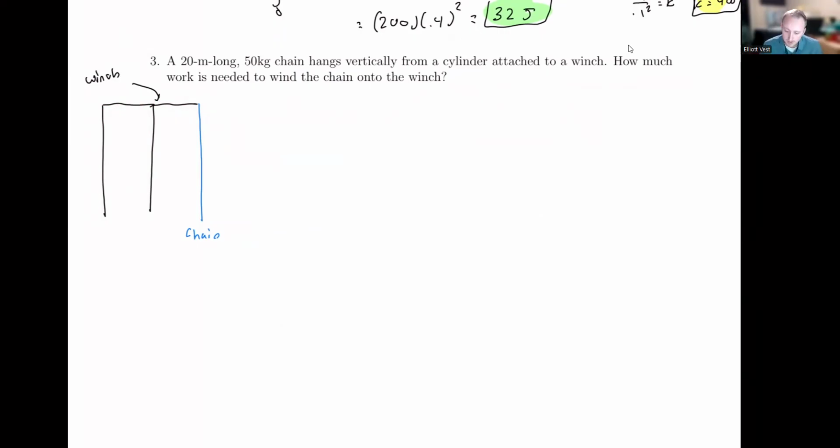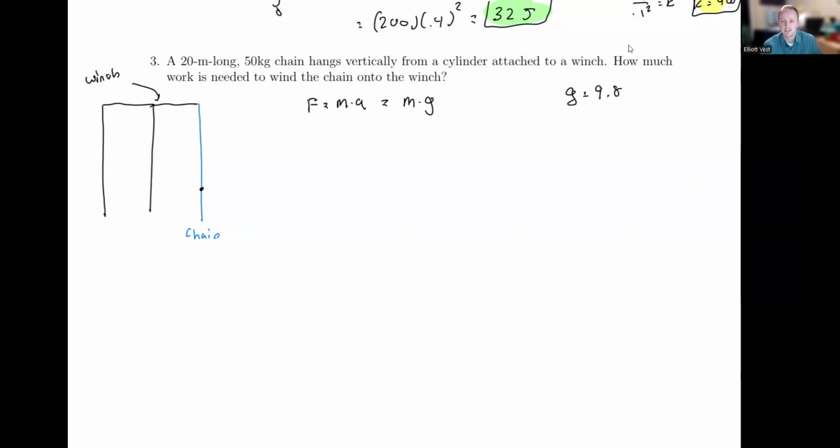Now, first of all, we have to ask ourselves the question, is this a varying force? And in a sense, I would say no, because if you choose any of these points, the chain is just dangling from the ceiling or the edge of a building, right? So the force that's being applied to it is just gravity, which is m times a, but our a is going to be gravity, and gravity we should just know.